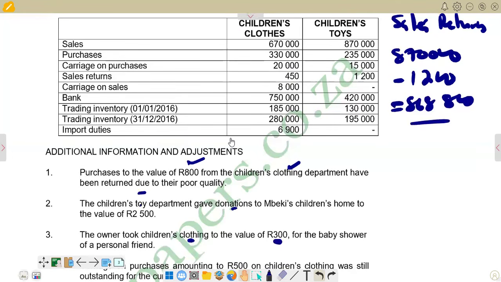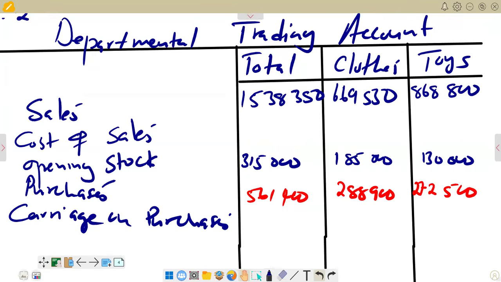So we can go back there, 20,500, and then we have got 15,000 for children's toys. So we are here. We are saying carriage on purchases for clothing, we are saying 20,000 plus 500, and then we get 20,500. So you can just maybe try to verify that figure.